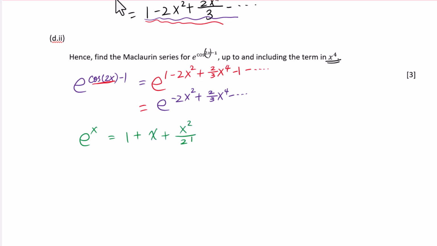We do know e to the x power equals 1 plus x plus x squared over 2 factorial plus x to the third power over 3 factorial and so on.